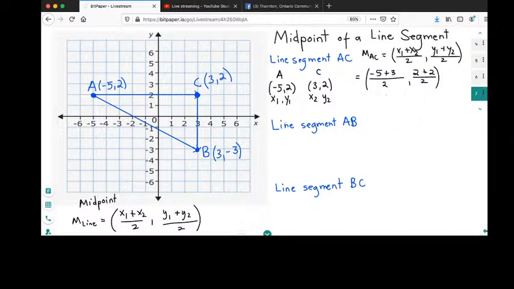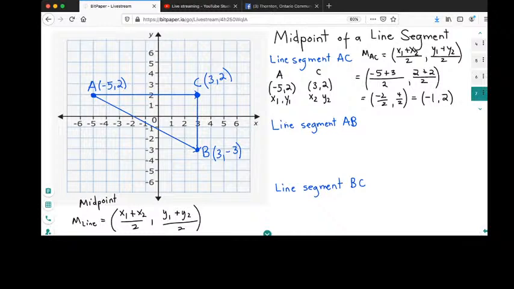Cool. Awesome. So negative 5 plus 3 is negative 2, so here we've got negative 2 divided by 2. Then we've got 2 plus 2 divided by 2, which is 4 over 2. And our final answer is, negative 2 divided by 2 is negative 1, and 4 divided by 2 is 2.